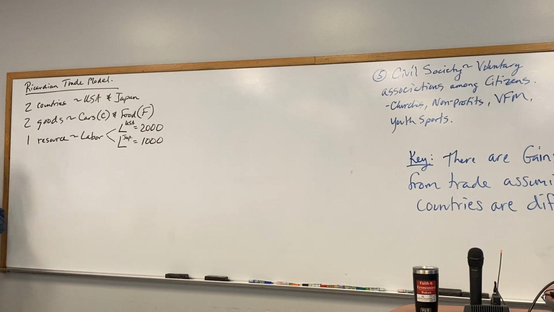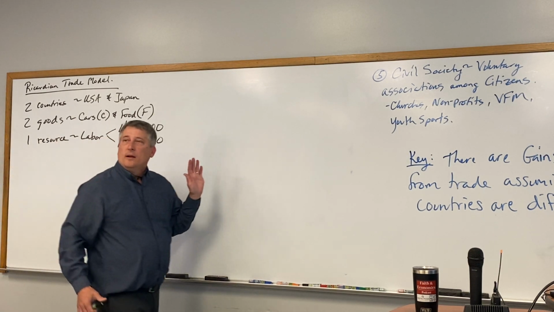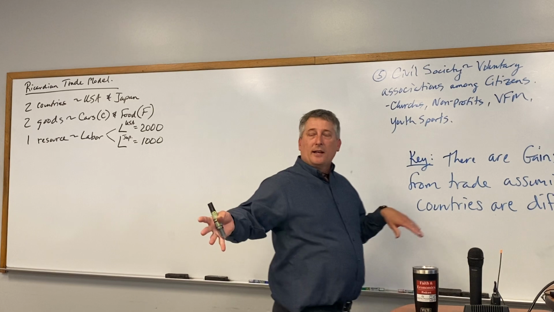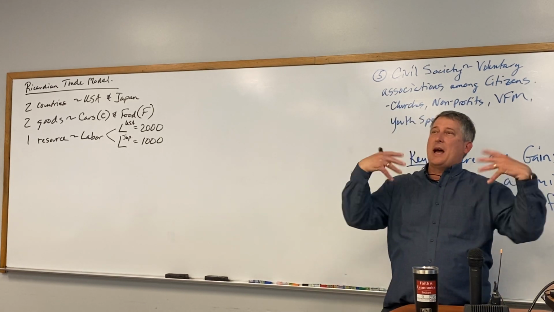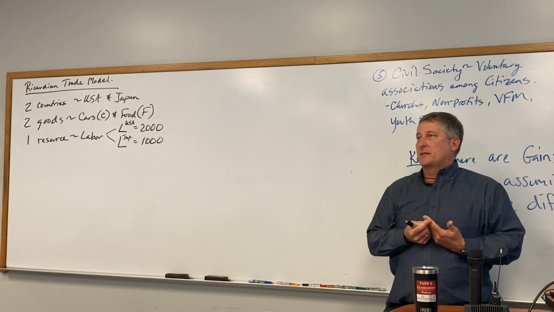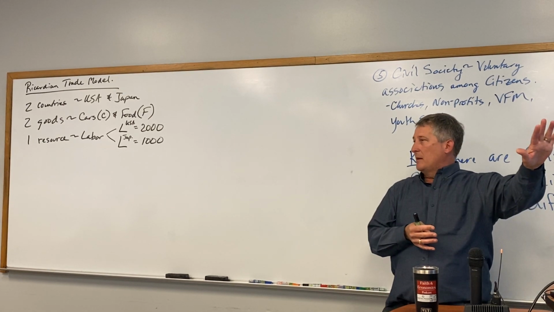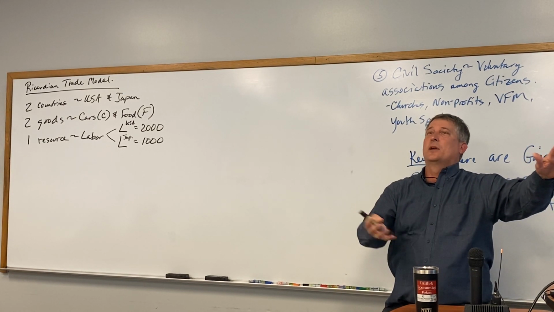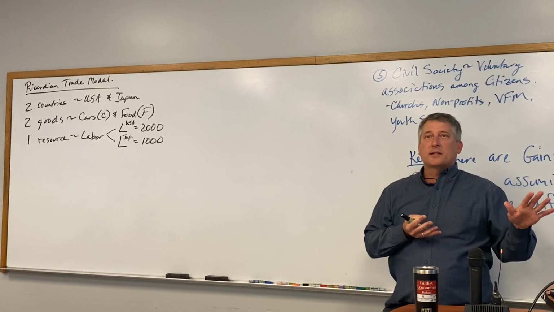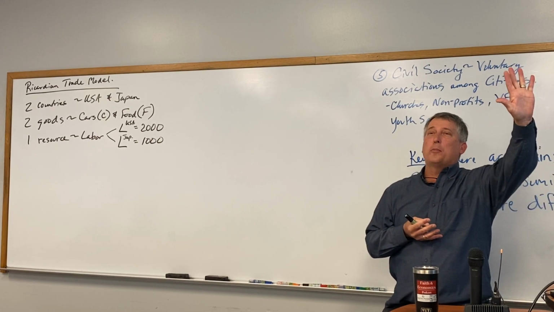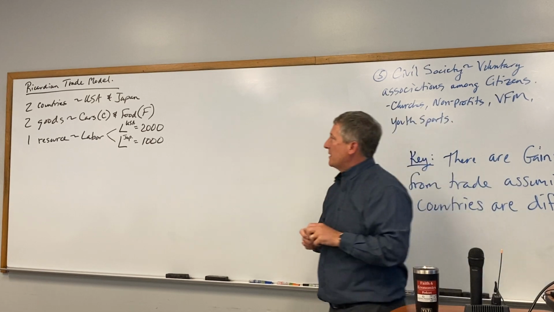So it could be for our company, Nick is more productive at making apples than Russ. What does that mean? Well, in a given hour, Nick can make 100 apples and I can make 80, right? So there's more units of output per units of input.